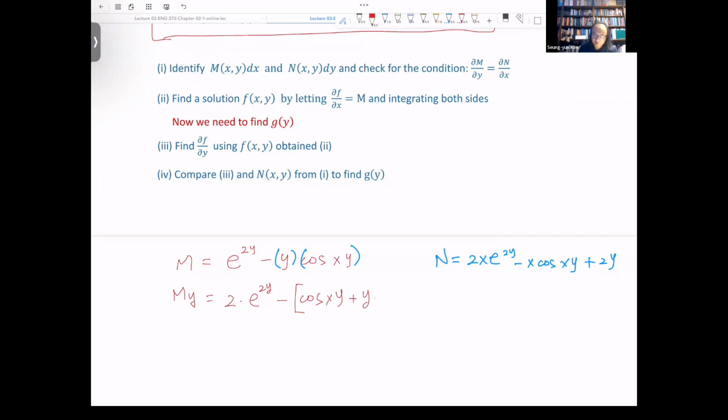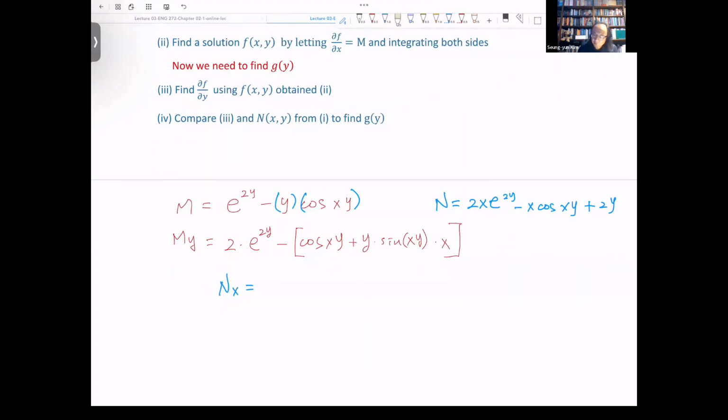Cosine x y, derivative of cosine is the sine xy, and then take the derivative of xy, that is x. For n_x, we have only one x, so 2 e to the 2y. Now we have x and cosine xy.